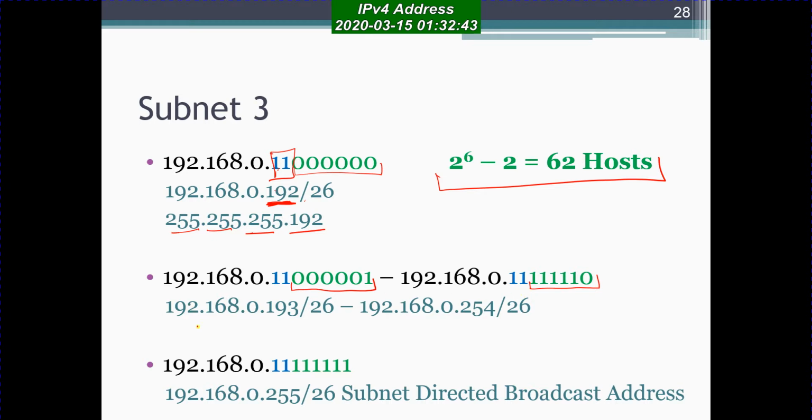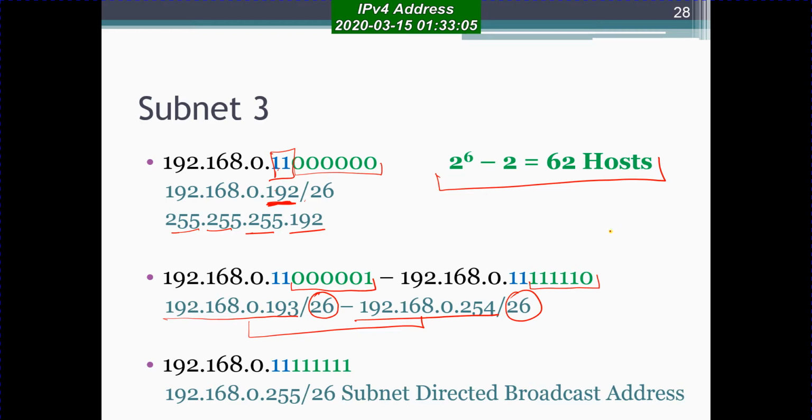So this is the range of IP addresses that we can have in subnet 3. So if you have an IP address in this range, automatically this is subnet 3. But you also have to keep this information by indicating the number of bits which are set to 1 in the subnet mask.